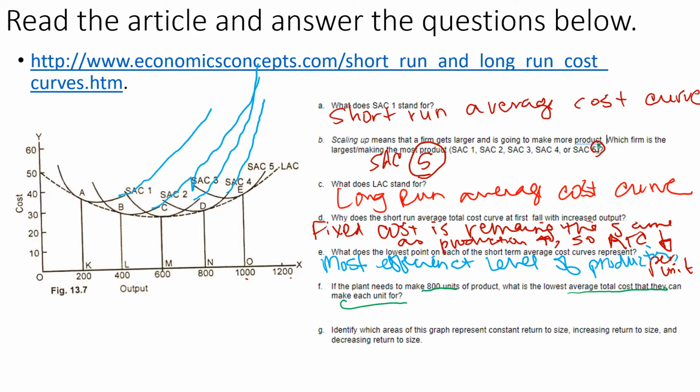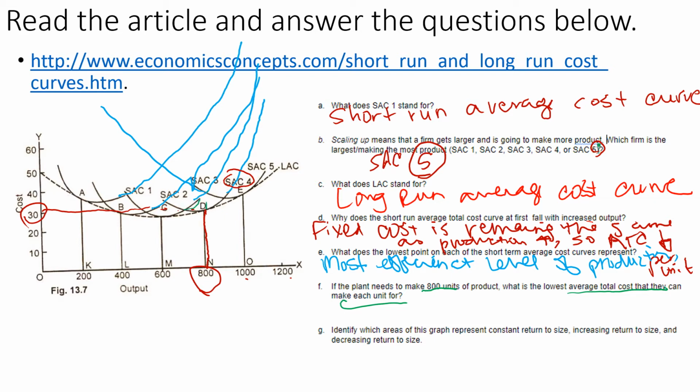All right, so at 800 units then, if we follow this up, it's going to cost firm 4 $30 to make 800.